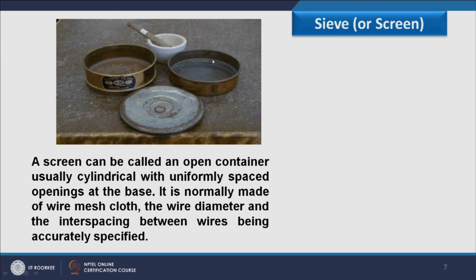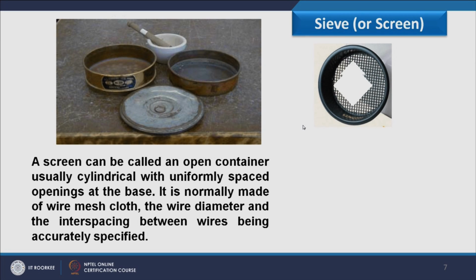Now, what is a screen and why am I also calling it a sieve? From this figure you can understand very well what a screen is. Here I have this particular screen where we have uniform openings at the base. A screen can be called an open container, usually cylindrical, with uniformly spaced openings at the base as shown in this figure.